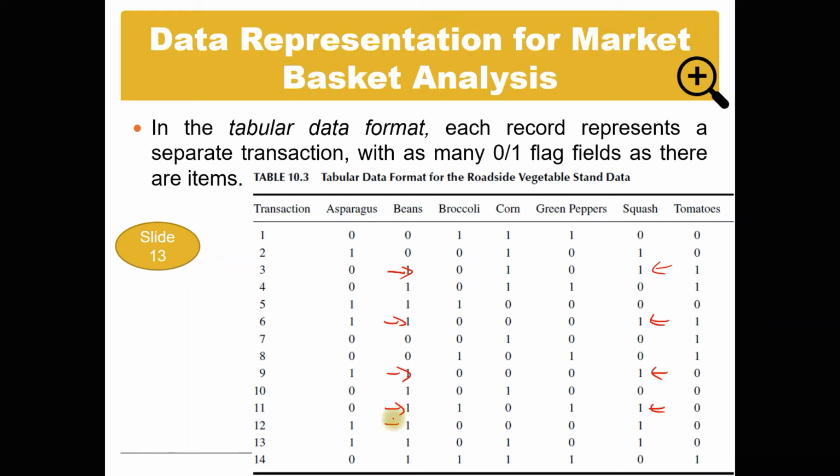They already satisfy the threshold already. 5 and 6. So this is, for example, a frequent item set because it satisfies that threshold that we've defined. So beans and squash is an example of a frequent item set, but broccoli and corn is not an example of a frequent item set.